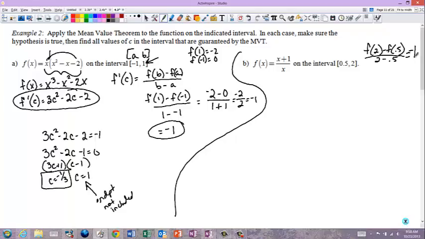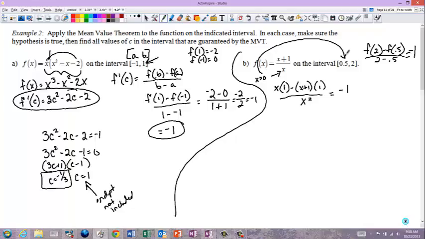On this one, I would have to do low d high minus high d low over the square of what's below, and I would need to set it equal to negative 1. By the way, it's not differentiable right here because it's not continuous at x equals 0, which is not on the interval, so I don't actually have to worry about it, so I'm good to go.